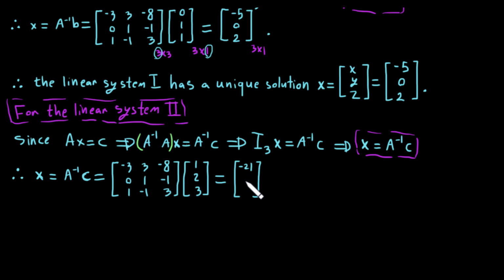To get this element, we multiply this row by this column: 0 multiplied by 1 is 0, plus 1 multiplied by 2 is 2, plus -1 multiplied by 3 is -3. So 0 plus 2 is 2, and 2 minus 3 is -1. So here I write -1.